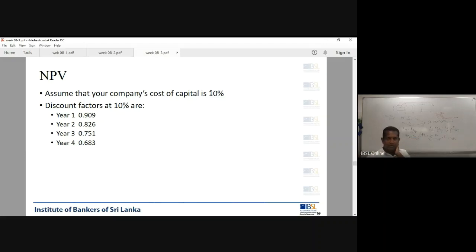You can work it out and see the equation goes like that. This is 1 divided by 1 plus I to the power 2. This is 1 divided by 1 plus I to the power 3, where I is 10%. So these are called discounting factors.